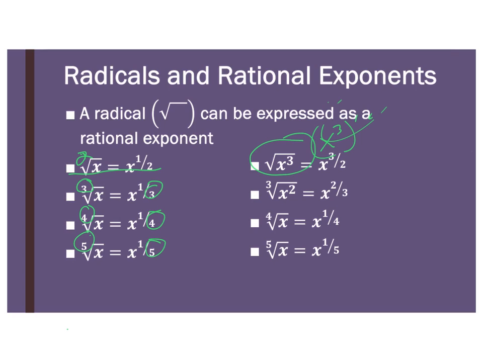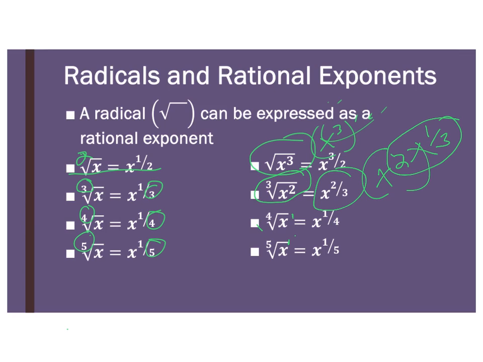Okay, so now, cube root of x squared, this is x to the 2 to the 1/3. Well, that's x to the 2 times 1/3, which is 2/3. And that gives us x to the 2/3. So in here, the 1 is implied, so it's x to the 1/4. This has an implied 1, so it becomes x to the 1/5.